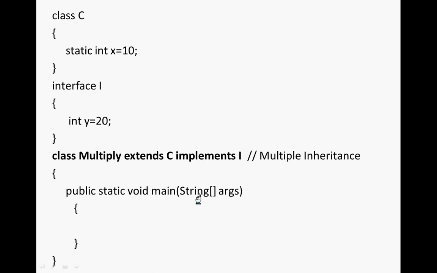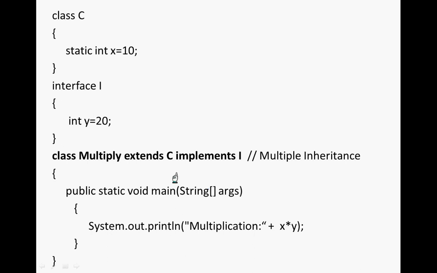Now what we are going to do is multiplication. For doing multiplication, one input is x, which is in class C, whereas another input is y, which is in the interface. Now we are going to use x star y. How is it possible?